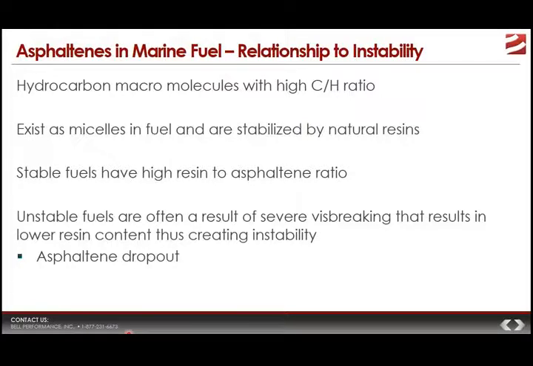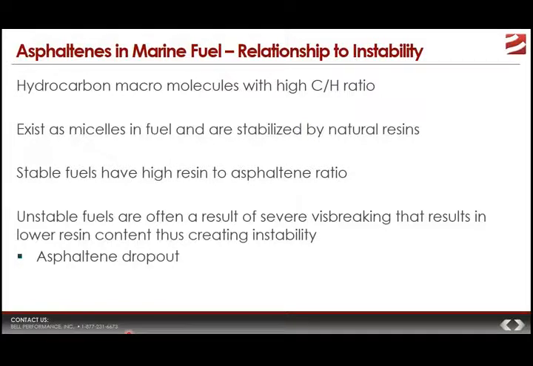Now, asphaltenes normally, in unprocessed crude oil, exist as micelles in the crude oil. They exist in a naturally stable state.